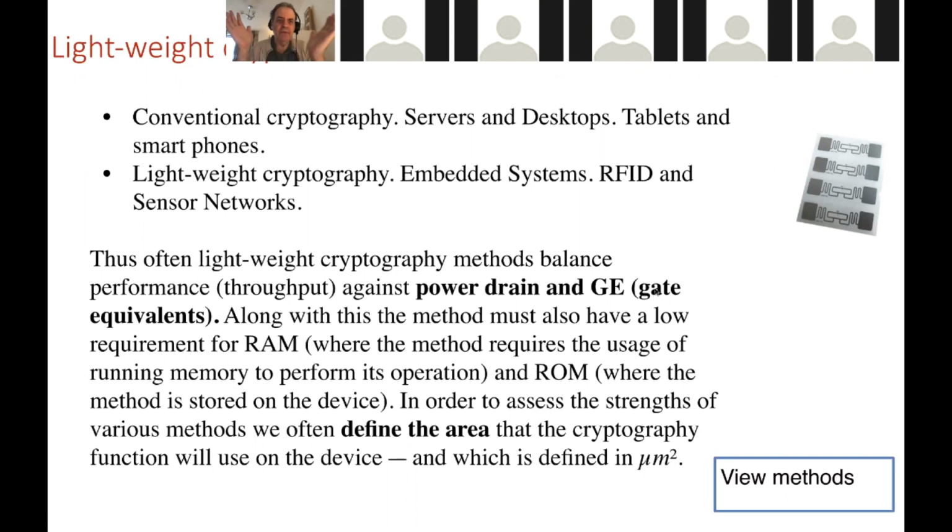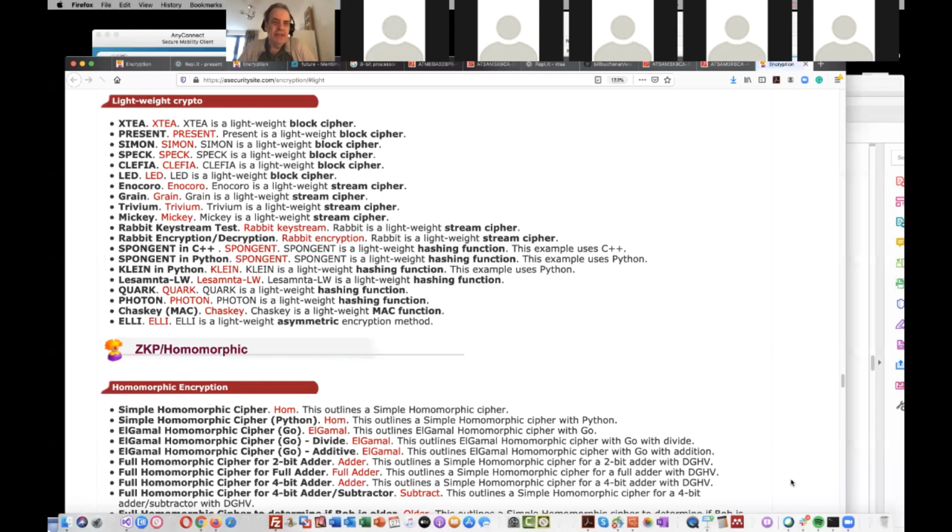So we want to be able to bear down on our memory spaces and our basic footprint. So one of the metrics that we use is a micron squared area. If we were to implement this method of crypto, what size of chip would we actually need for certain types of manufacture?